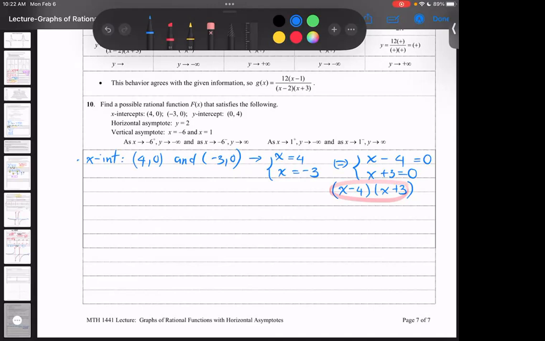What does it tell you in terms of the degree of the numerator and denominator? It's the same, right? That's why you have it like that. If it equals 0, then the numerator is less than the denominator.